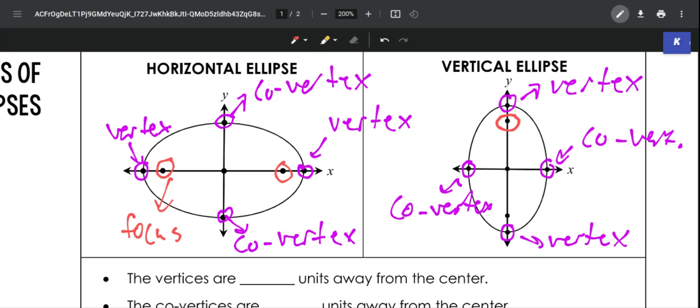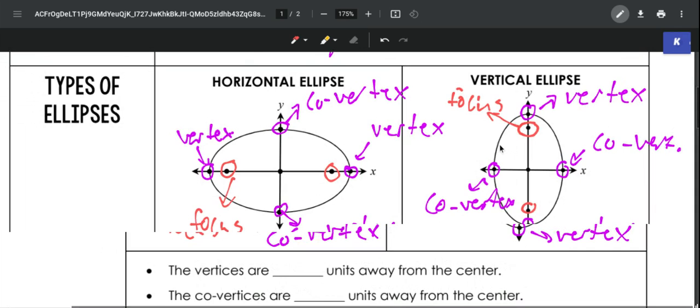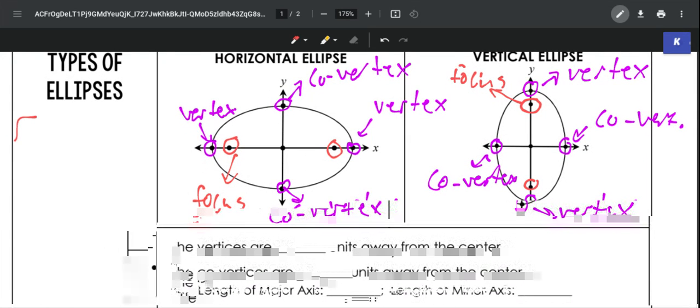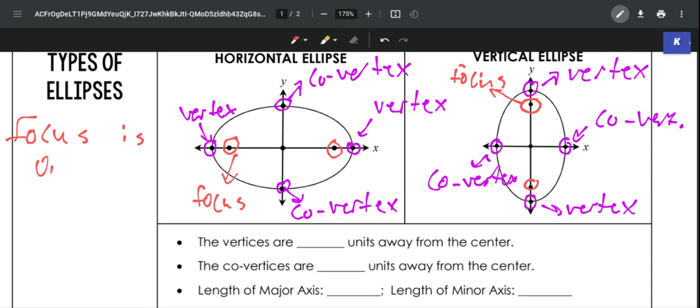It's not on our horizontal line, now it's on our vertical line, because your focus is always going to be on the major axis. So each point is a focus, and the points together are the foci. That's a big thing to remember: your focus is on the major axis.